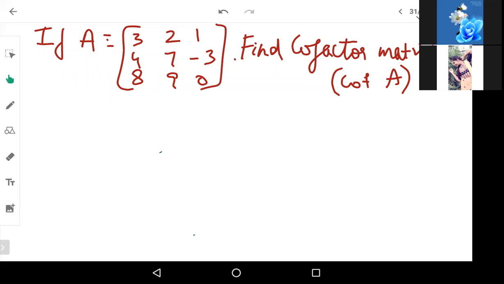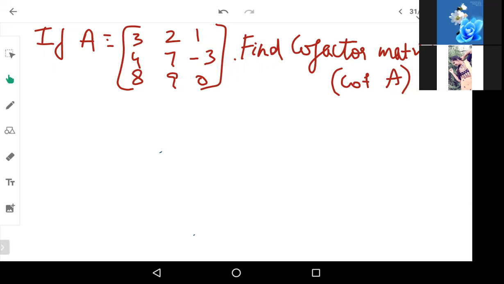So let us start. A is equal to the matrix 3 2 1, 4 7 -3, and 8 9 0. We have to find the cofactor matrix, and cofactor is denoted by cof A, cofactor of A.